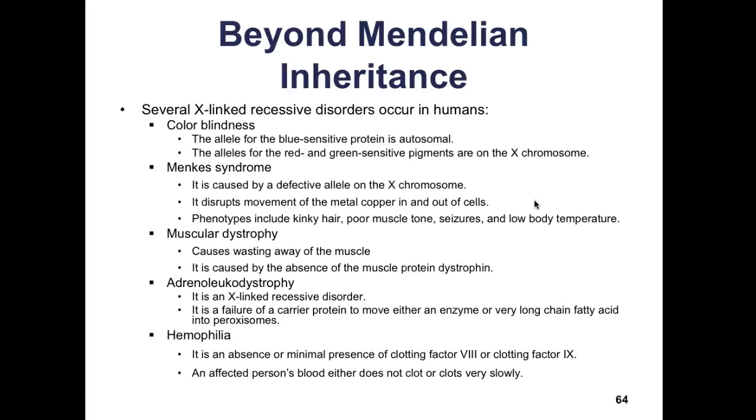Muscular dystrophy, you've all heard of that, causes wasting away of the muscle. It is caused by the absence of a muscle protein called dystrophin. You have all heard of adrenoleukodystrophy. It is an X-linked recessive disorder. It is the failure of a carrier protein to move either an enzyme or a very long chain of fatty acids into peroxisomes, where peroxisomes would then help break them down.